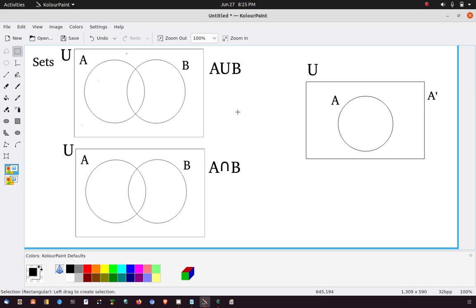All right. Now, the union would represent OR in information technology, because A union B is represented by those in A alone, those here is representing A alone, or B alone, or both.